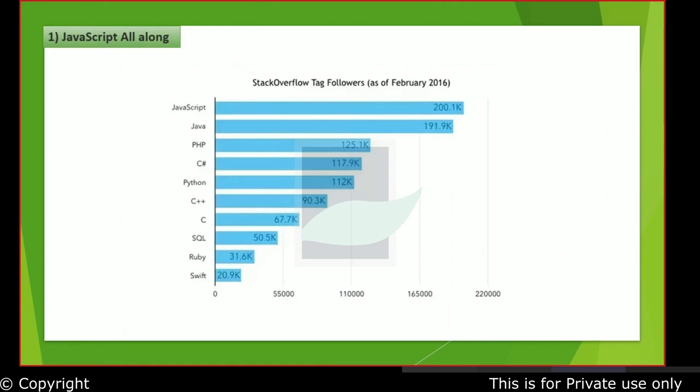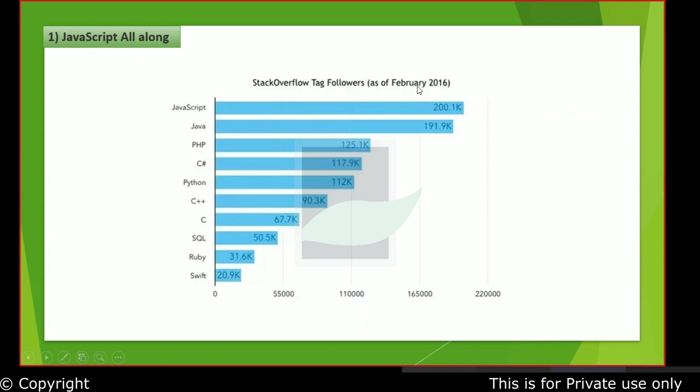So if you just look at the market layout regarding JavaScript kind of technologies, Stack Overflow, if you have any programming background, you would have landed on this website to clarify some of the doubts, or to resolve some of the errors you are facing. So on Stack Overflow, the number of topics which are relevant to JavaScript is clearly more than any of the other languages.